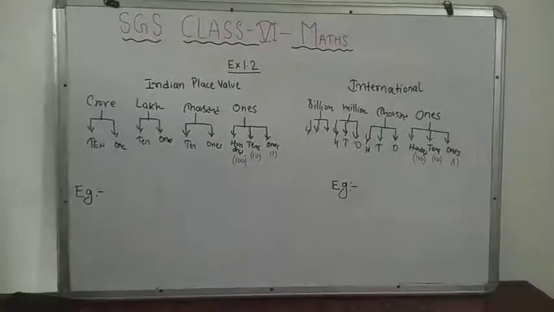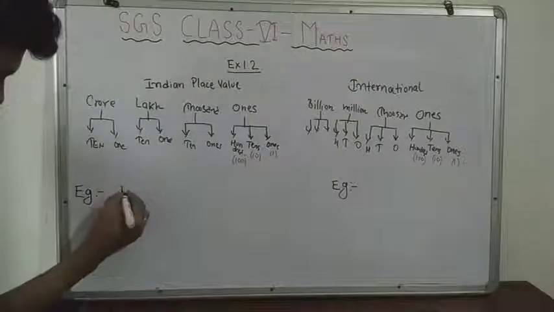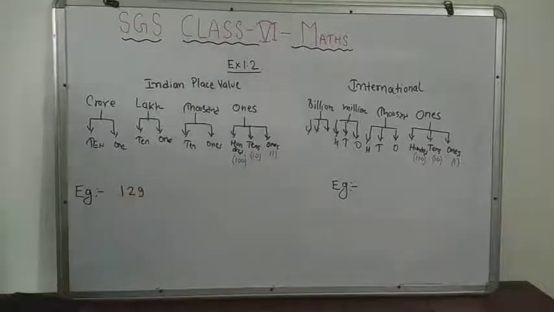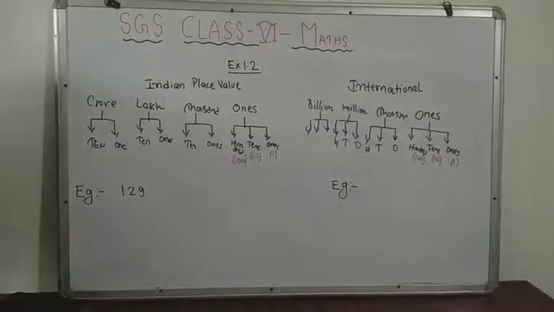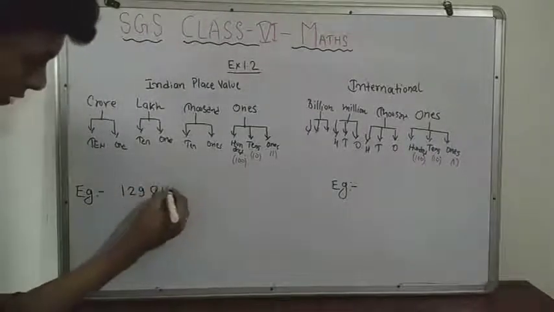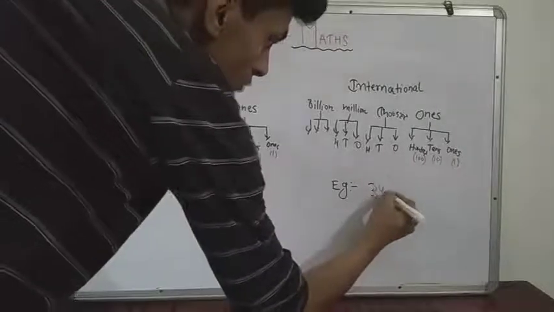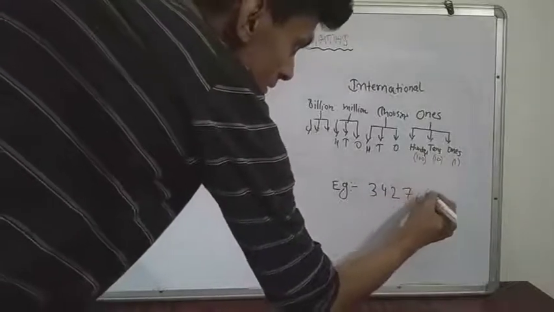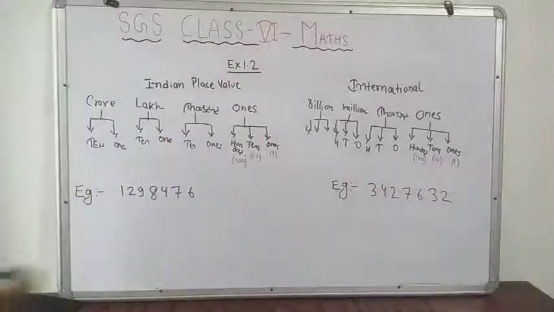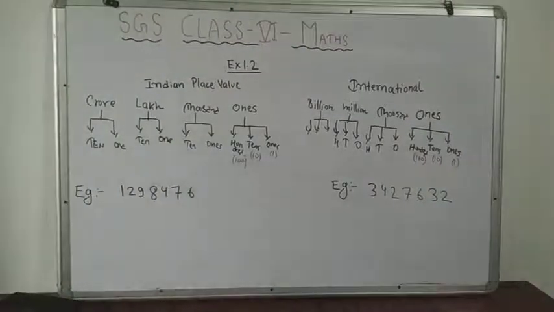I am writing down some numbers like 1, 9, 8, 4, 7, 6, and here I will write down 3, 4, 2, 7, 6, 3, 2. Now pay attention to the board please.